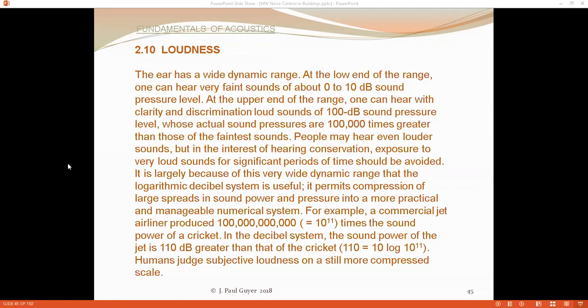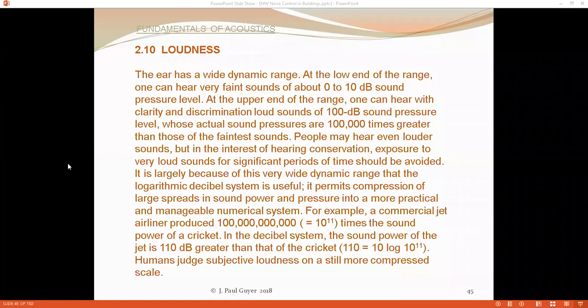So you've now measured the loudness of the sound in the source room. The human ear will perceive very faint sounds down in the range of around 0 to 10 decibels.